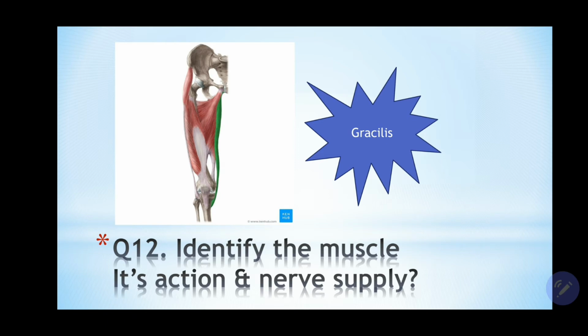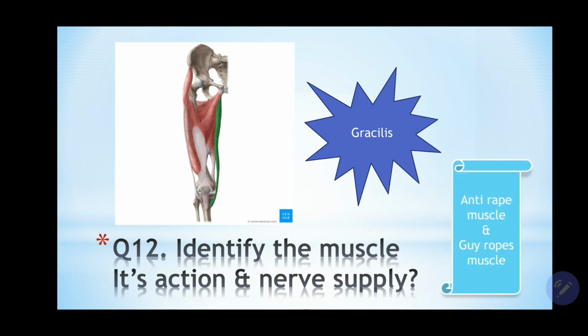It's although a weak adductor, but it adducts and medially rotates the thigh, and at the same time it will cause flexion of the knee joint also. That position, adduction and medial rotation of the thigh, remember, and at the same time flexing the knee, makes it called an anti-rape muscle. And of course, it also is a part of gyropes muscle.